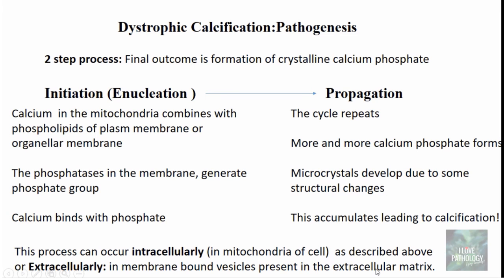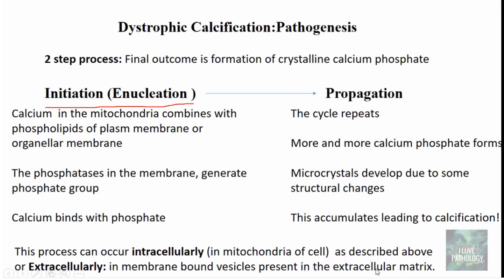Okay, here we've got the pathogenesis of calcification in general. There are two steps. The first step is initiation, or inoculation, where calcium is released from mitochondria and then binds to or adheres to the phospholipids of the plasma membrane and other organelles.